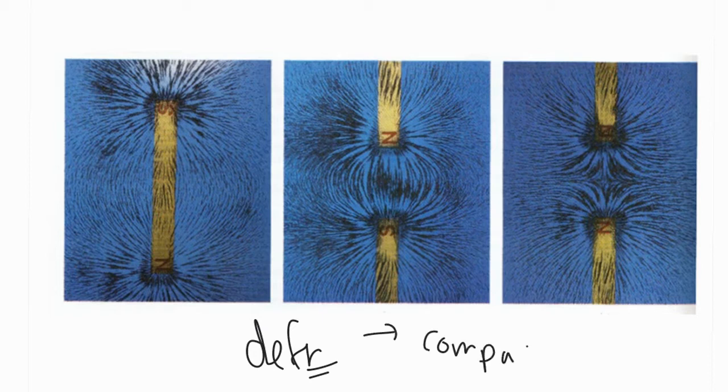So a compass is our tool for defining magnetic fields. And we know that if we point a compass, it will be out from north and towards the south pole of the magnet. So out from north towards south is where a compass needle would point.